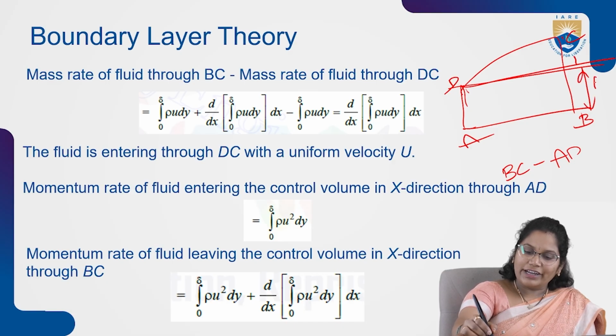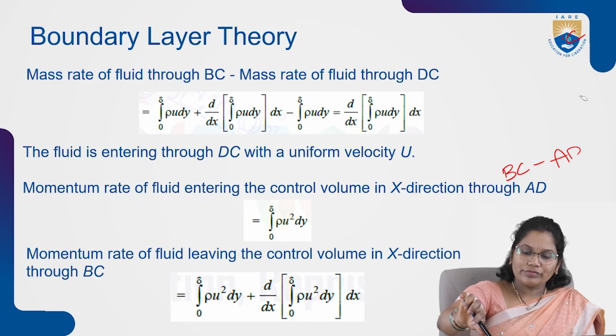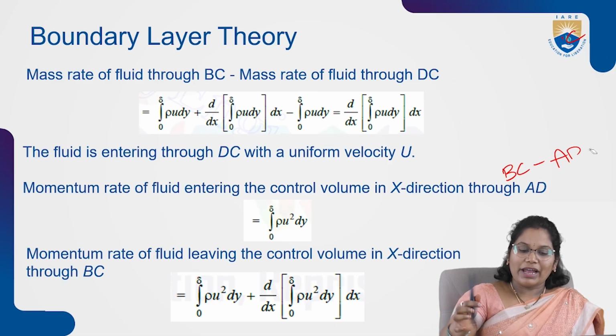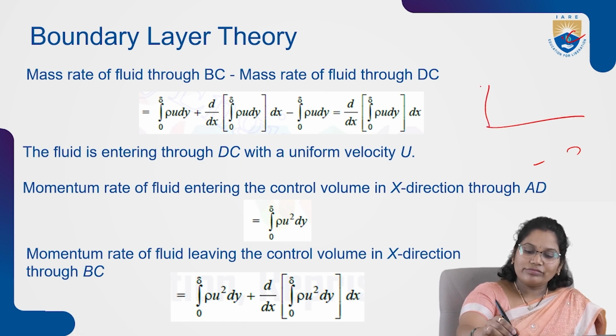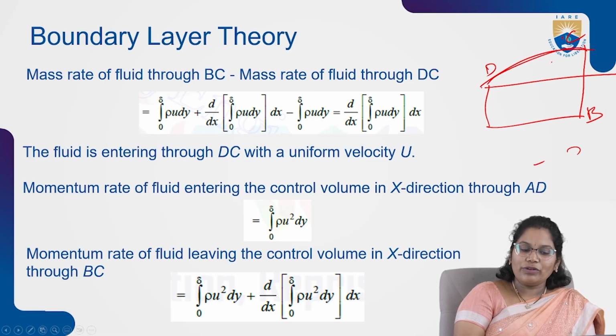This is the distance AD, and here the small distance. So here we are subtracting the mass flow rate of DC from that of BC.